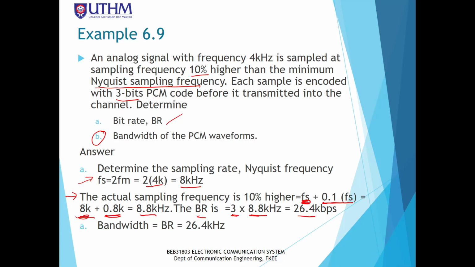So when we mention bandwidth of PCM, normally most of the time the bandwidth of PCM is equal to the bit rate in terms of magnitude, which is 26.4 kilo, but the unit is in terms of hertz. The magnitude is the same, but the unit is different. Remember, the unit for bandwidth is hertz.